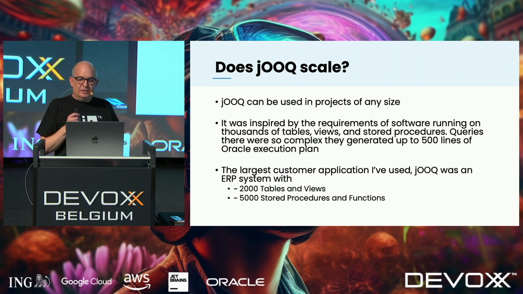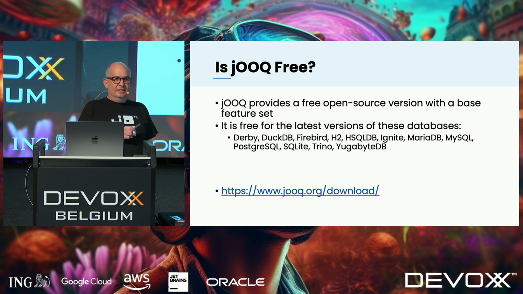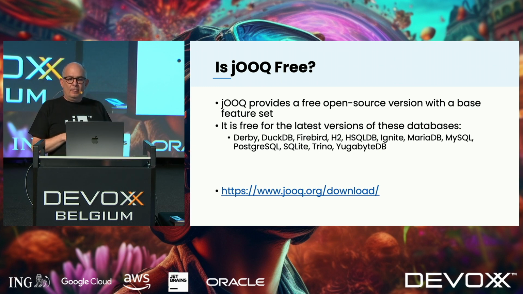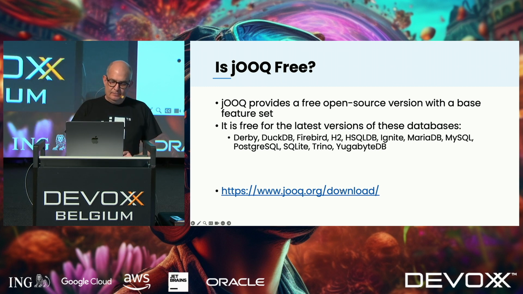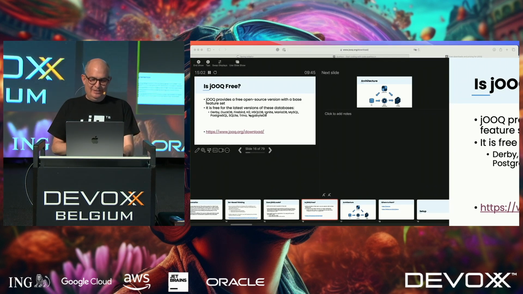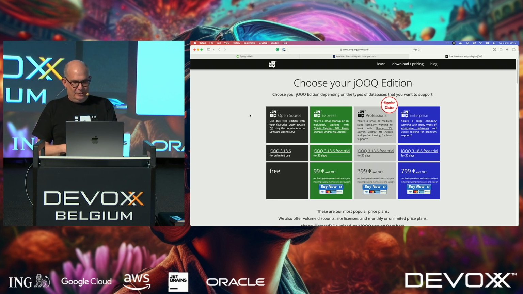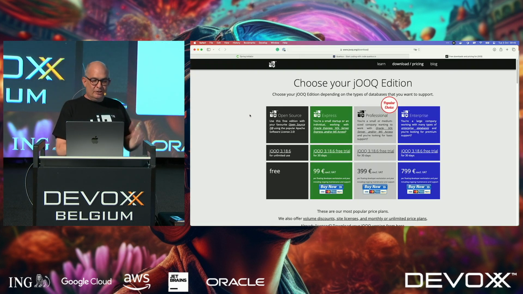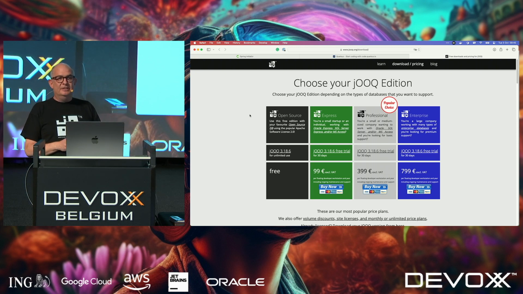Now, the second question that I often get is, is jOOQ free? Because if you go to the website, you see an open source version, an express version, a professional, and an enterprise version.